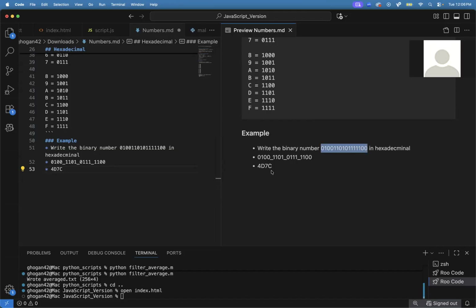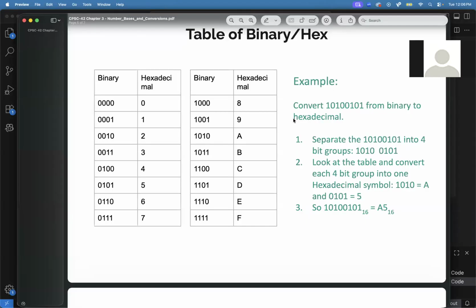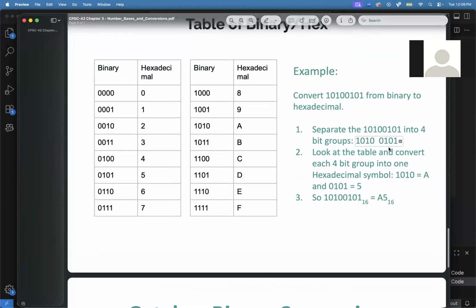So binary to hexadecimal is actually really easy. You just group the numbers into groups of four, start on one side, and you just convert them in groups of four directly using a table. Quite simple. Okay. So there'll be an example of that here. So this number was 10100101.